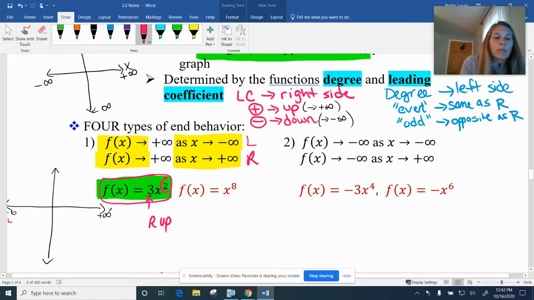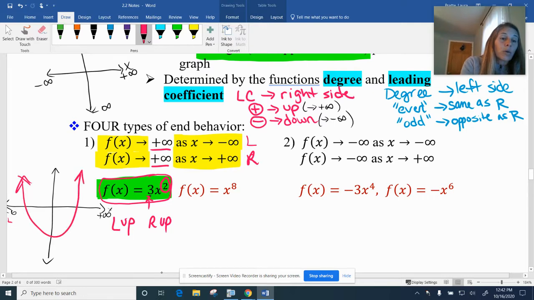Now my exponent is an even number, so the left side is going to do the exact same thing as the right because they're going to be even, and it's also going to go up. And when we write it in the notation, this little space here that you'll be filling in, of course, you'll write positive infinity. So this graph would look something like this, where both sides are going up. Okay?